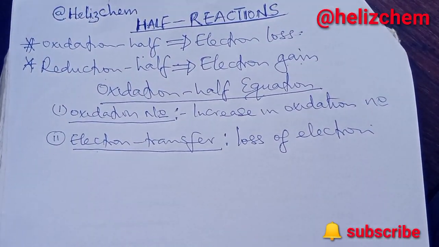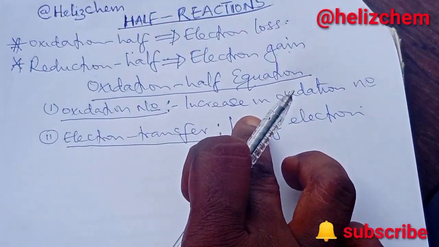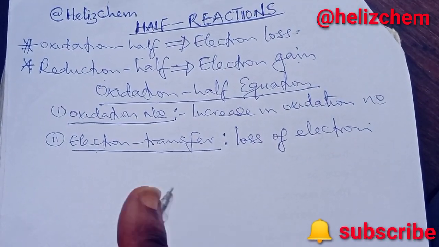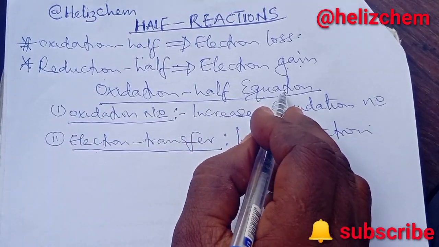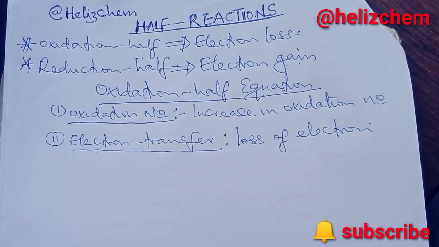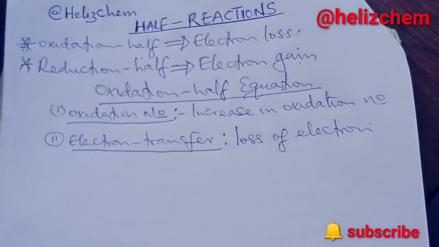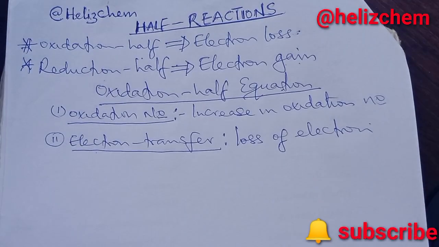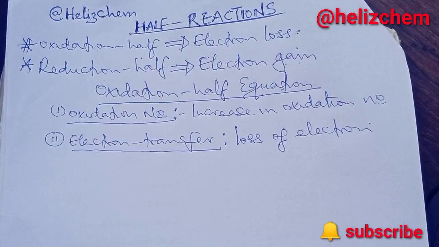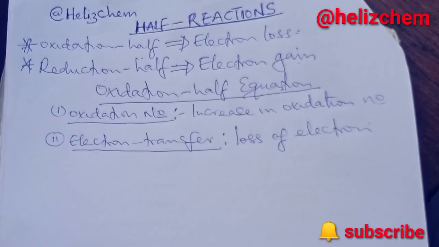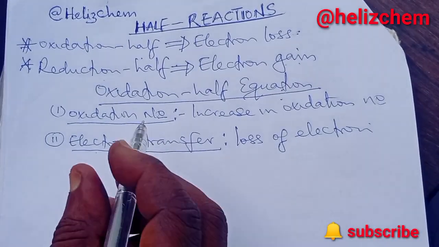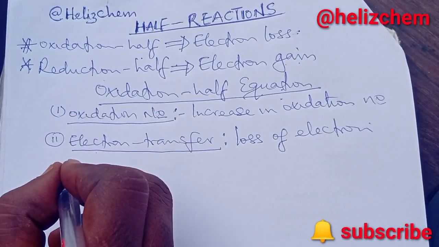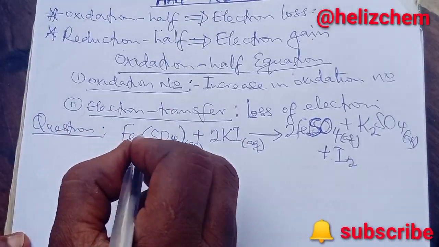So, having considered these two definitions, you will be able to write your oxidation half equation. I will use a typical example that will help you to write the oxidation half equation. What is the question? This is the question.